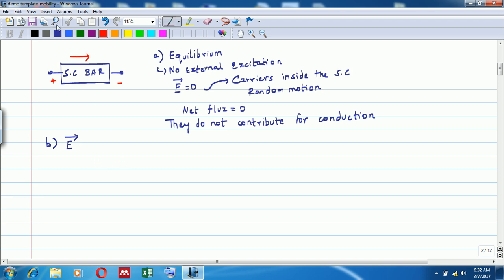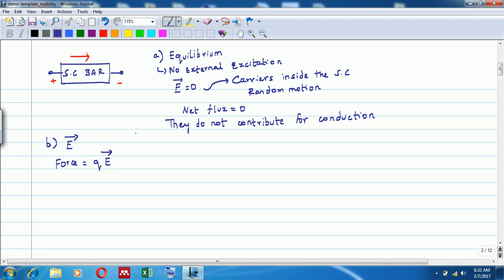So what happens because of the applied electric field? The carriers inside the semiconductor will experience a force which is given by Q into E, where Q is the charge of the carriers and E is the applied electric field.